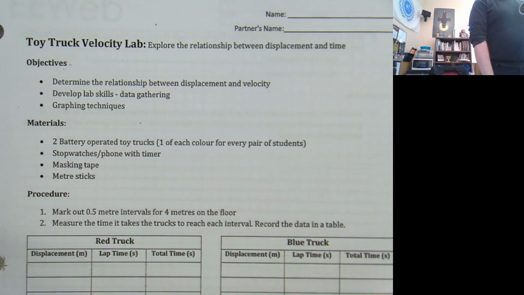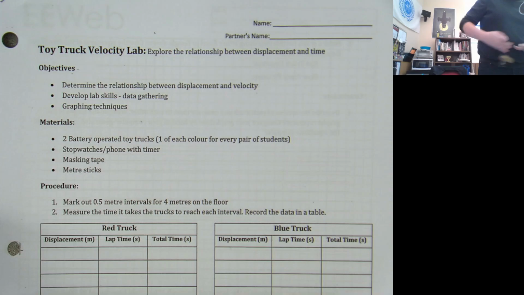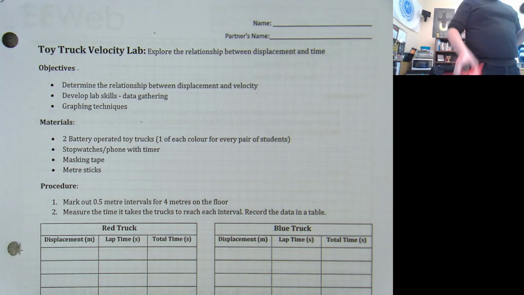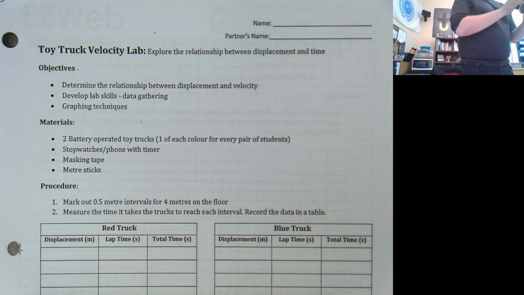You're going to determine the relationship between displacement and velocity for these two trucks. You're going to get two of them, a blue one and a red one. The blue ones go like this, very, very slowly. The red ones, much quicker.